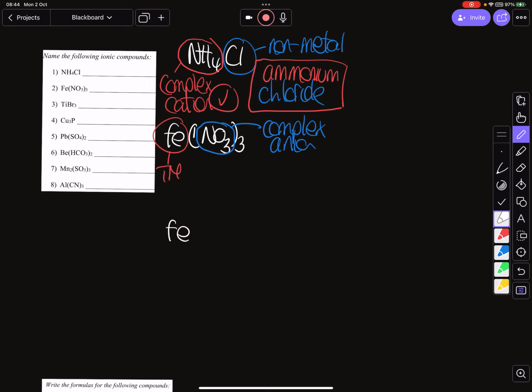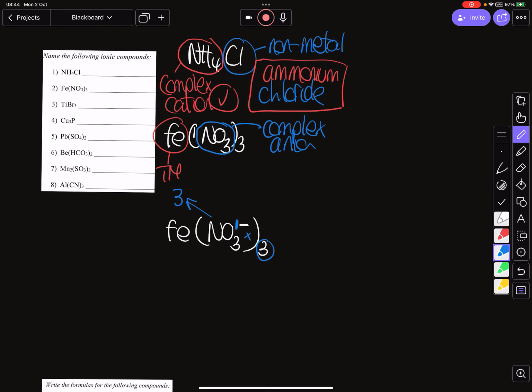So this is going to be our drop up. One of the things you have to recognize here is that NO3 is a negative charge, and we have three of them. So when we are dropping up, we are doing a little multiplication first, so it's going to be 3 by 1, and when we drop up, this is going to be a 3.